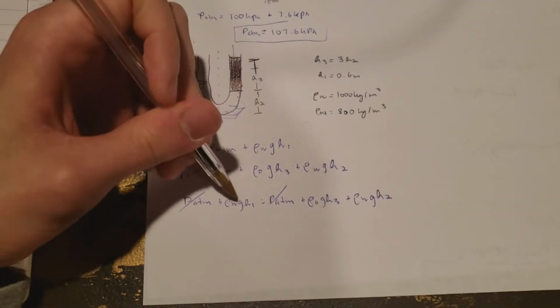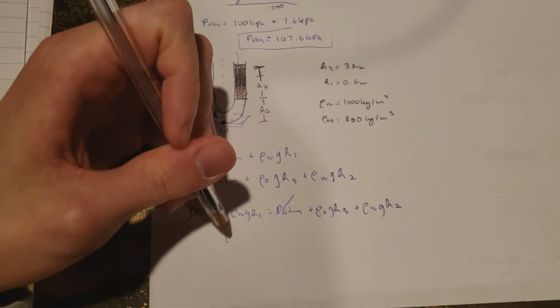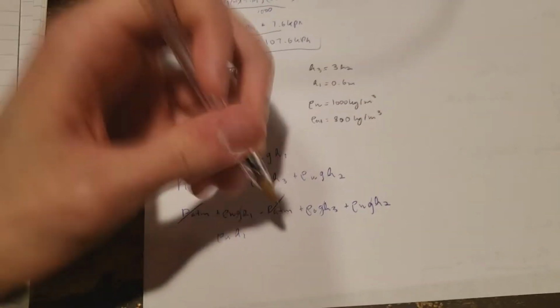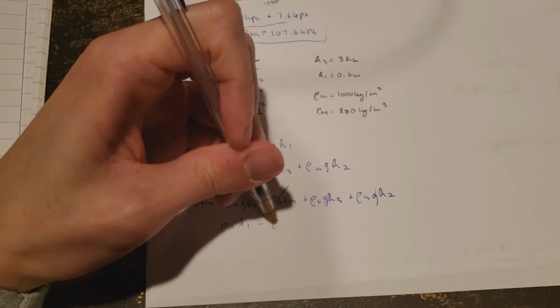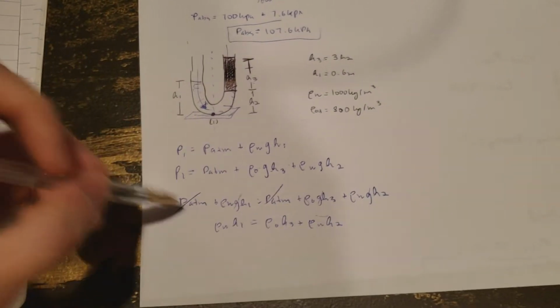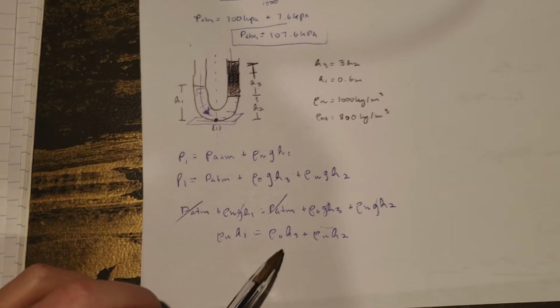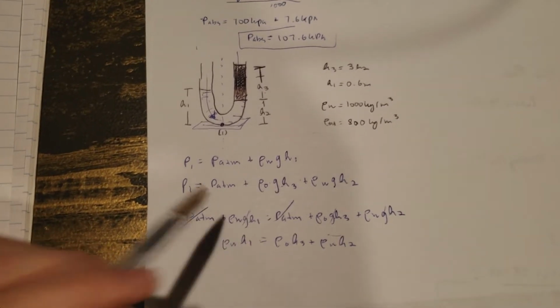We can cancel out these terms. We can also cancel out all the gravity terms on each side. So we're going to get, this left. So it's just the densities of water and the density of oil, and then all 3 heights.